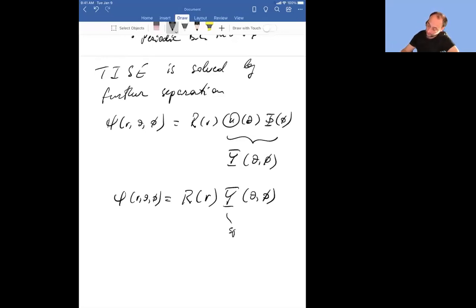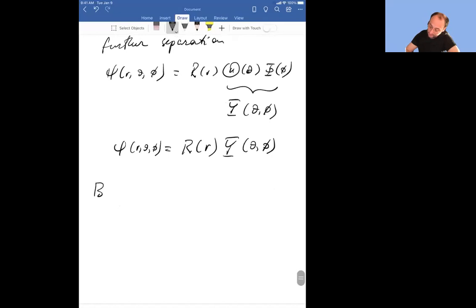These are called spherical harmonics. Well, it doesn't matter. But boundary conditions lead to this discrete set of solutions.